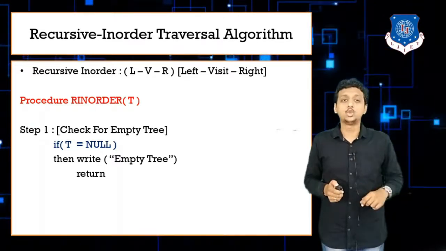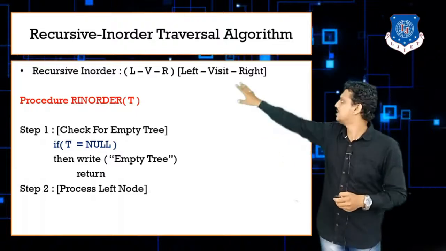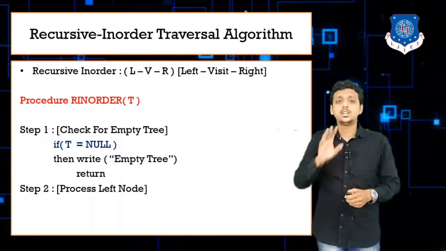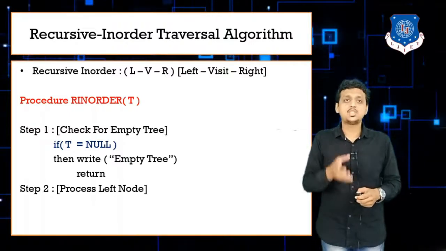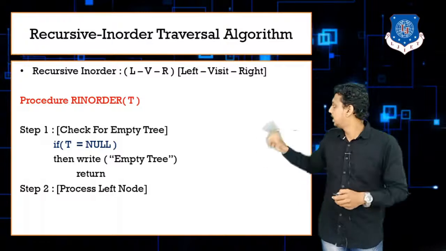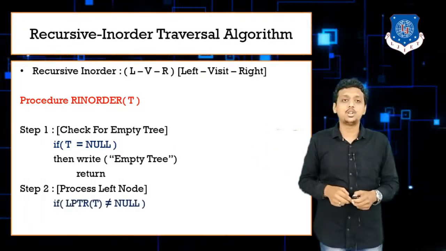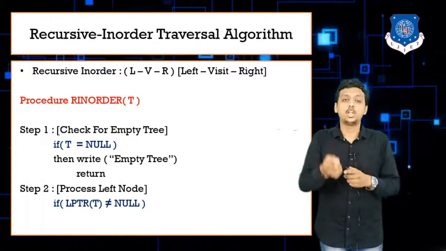Now step number 2, process the left node. Just go with the sequence L, V and R. So first you need to visit left. How to do that? First check whether the left node exists or not. The condition is, if LPTR of t is not equal to null, then you need to apply a function call.